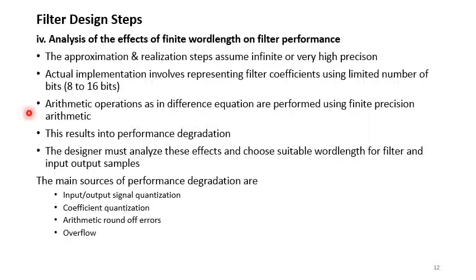The effect will be degradation in performance. In some cases, it might make the poles go out of the unit circle, thus making an IIR system unstable. So the designer must analyze these effects and choose a suitable word length for the filter and the input-output samples.